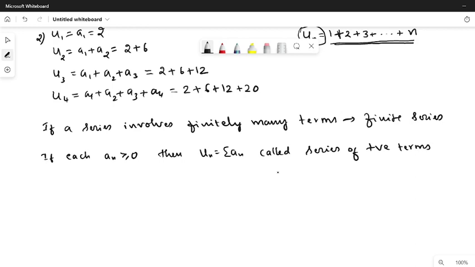As I said already, the last two examples both are series of positive terms, because u1 is greater than 0, and so on. So if each term of the sequence a_n is greater than or equal to 0, then the corresponding series summation a_n is called a series of positive terms.